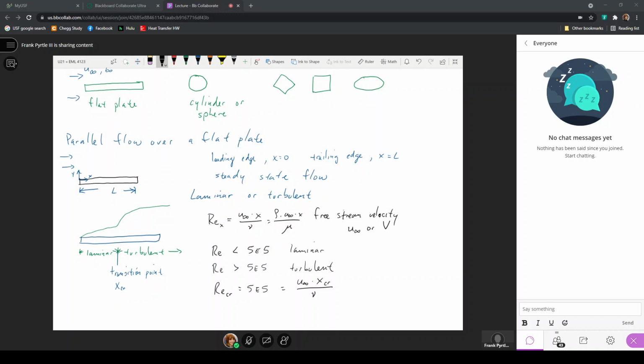So if I set that equal to the velocity times that critical position at which the transition will occur divided by the kinematic viscosity, it just says that X sub CR would be the kinematic viscosity nu divided by U infinity times 5 times 10 to the 5th here. So anytime that you're given the fluid and the velocity of the fluid, you can determine what the position is at which laminar to turbulent transition would occur.